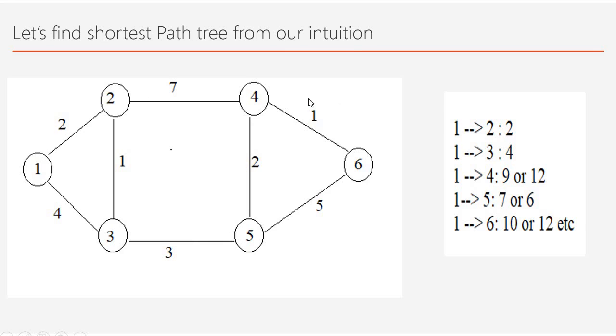So similarly for all other nodes, I can get multiple paths to go to that node, but I need to choose the least one. I need to choose the shortest path from which I can reach the corresponding nodes from 1. With our own logic, we are trying to find it, right?